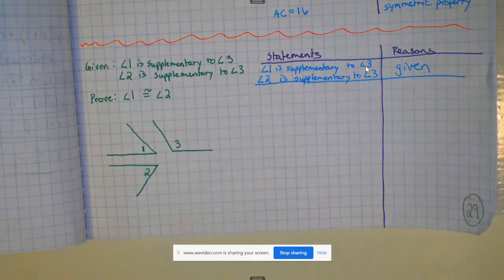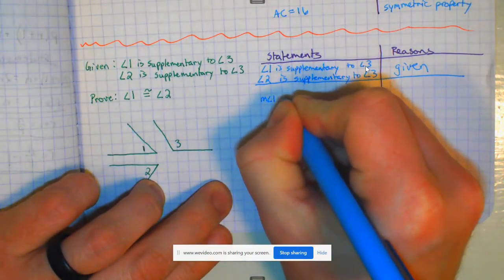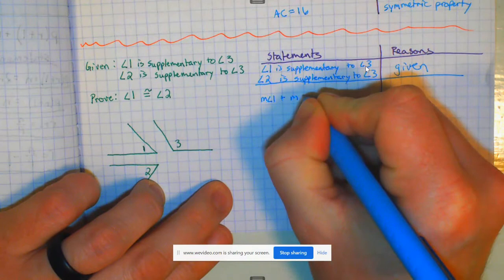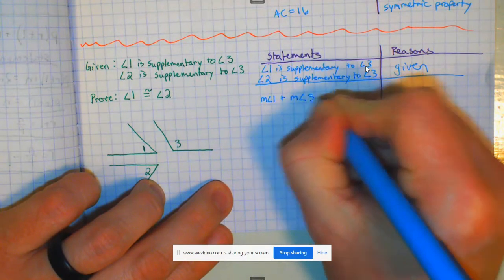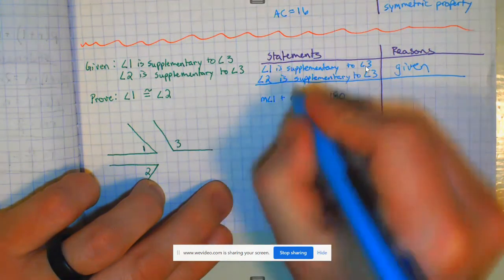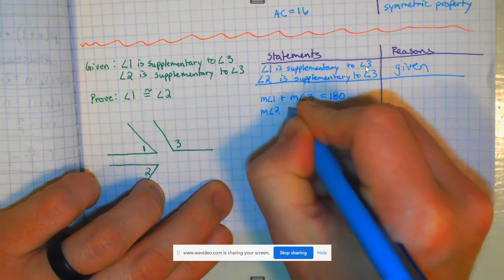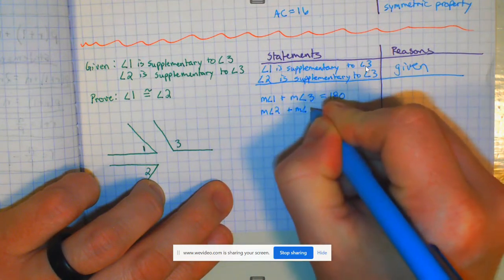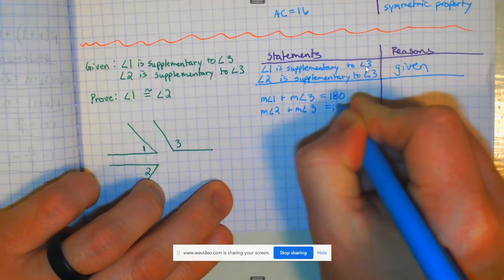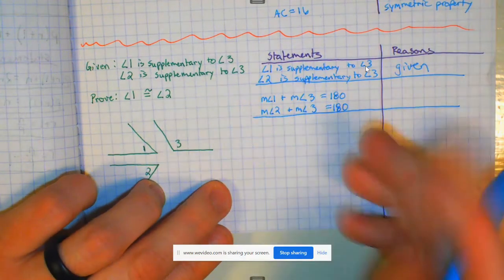Okay, I'm going to take the measure of angle 1 plus the measure of angle 3 equals 180, but also 2 and 3. So the measure of angle 2 plus the measure of angle 3 equals 180. Now, what did I use there?